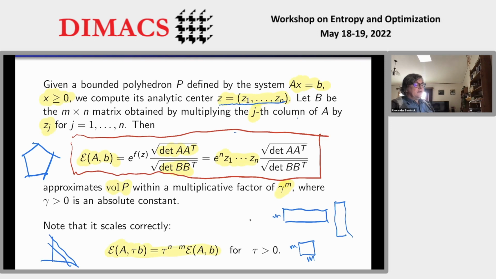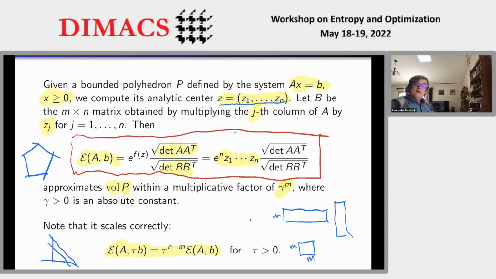So we get that constant to the n, but this determinant doesn't change, and that gets smaller by that constant to the m. So in the end, we get the right scaling. It's a sanity check that it's not completely outrageous to claim that this is the volume, up to that constant.